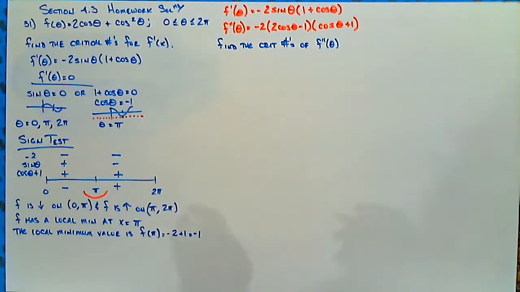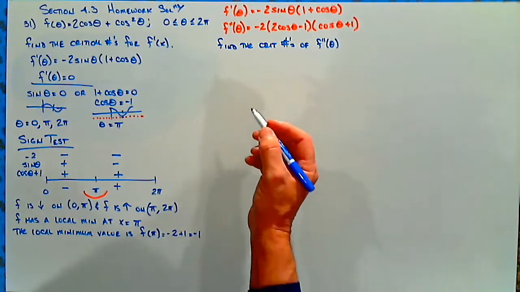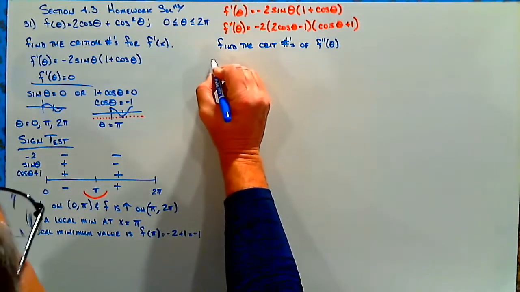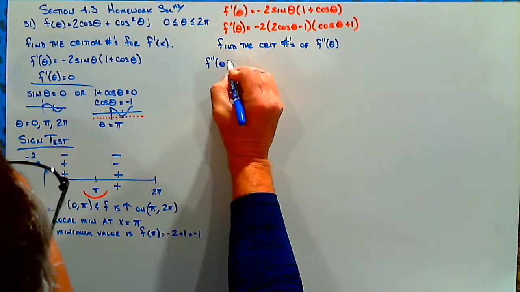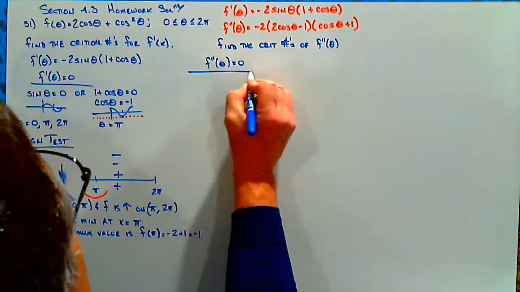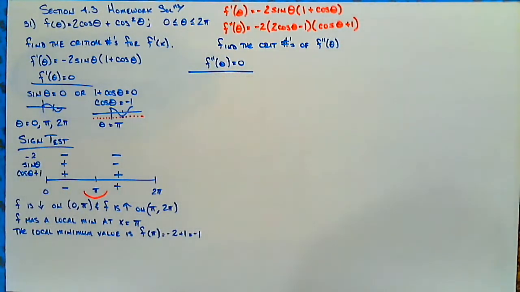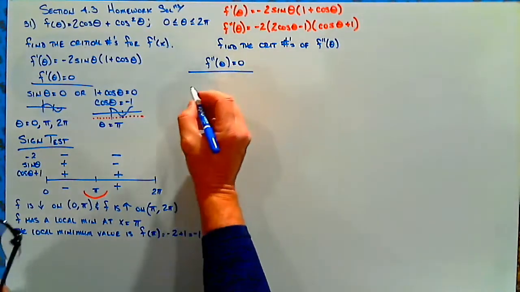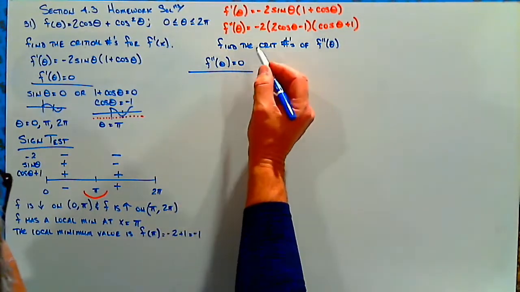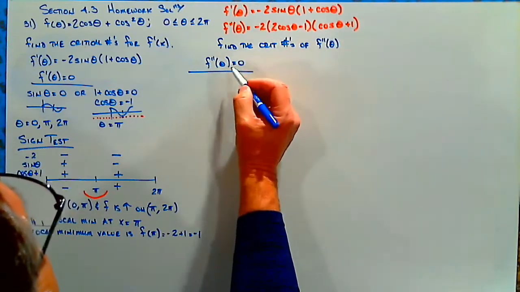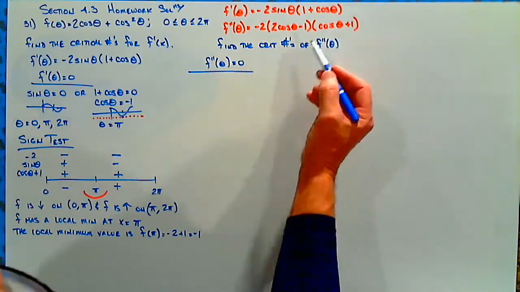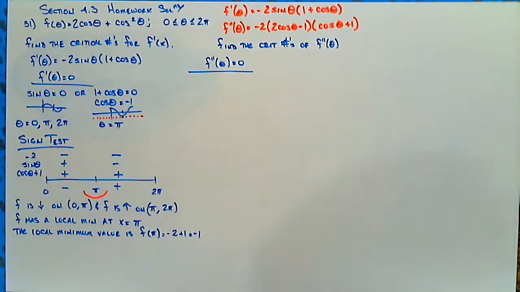So what are we going to do? Well, we're going to start with f double prime of theta equals 0, right? F double prime of theta equals 0. So what are we going to do? We're going to set this equal to 0. When is this equal to 0? Well, f double prime of theta is equal to 0 when the factors that make up f double prime are 0.